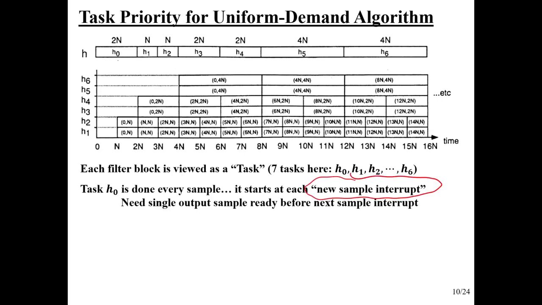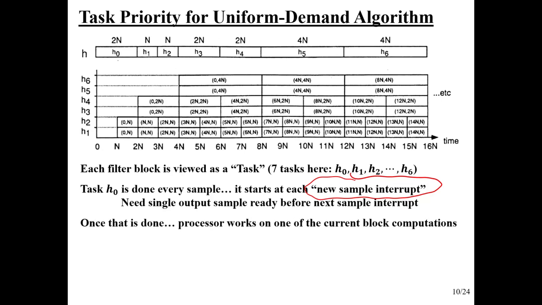So we get a new sample and the DSP processor chip is told, got a new sample. And our algorithm has to go off and do H0, compute that new direct term output for H0. Then once that's done, so we need to have enough processing power to finish that quickly, and be able to come back and start doing the rest of the things that I need to do.